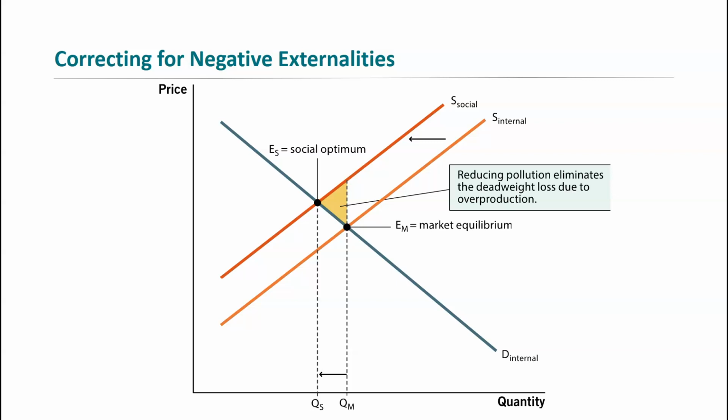Reducing pollution then would eliminate this deadweight loss. If we could get our supply curve to move from the internal supply curve to the social supply curve, we could reduce or eliminate this area of deadweight loss.